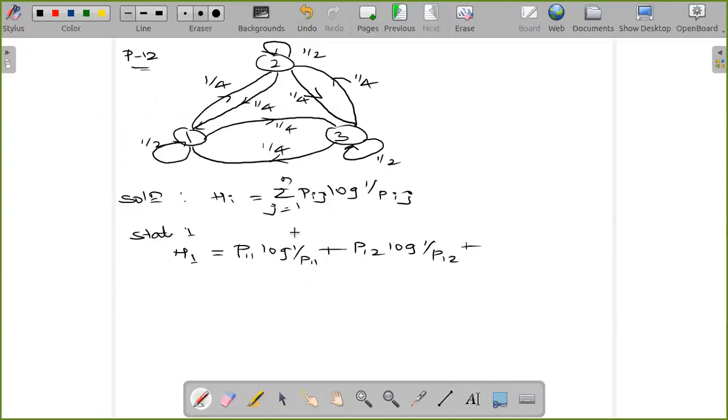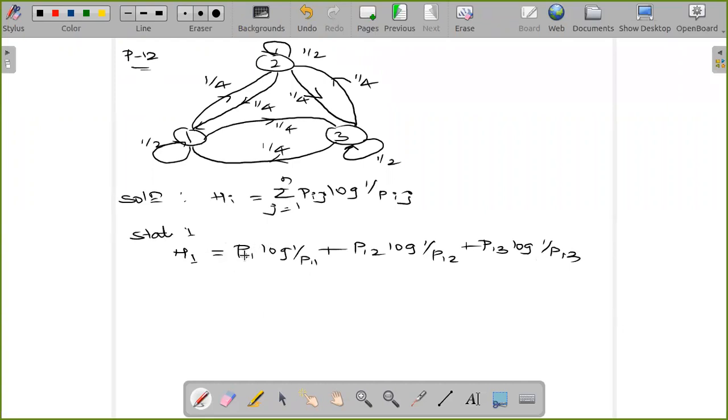Similarly, is there any connection between 1 to 3? Yes. So P13 log 1 divided by P13. In this way we need to expand the summation. If we have a connection, then we check what the probability is. If there is no connection, then it is assumed to be 0.